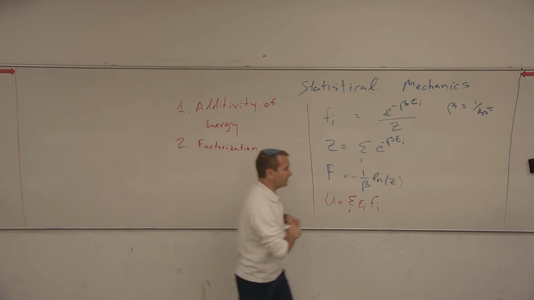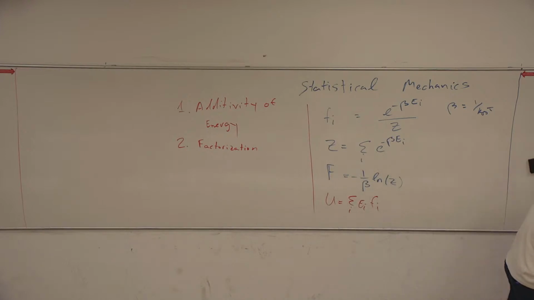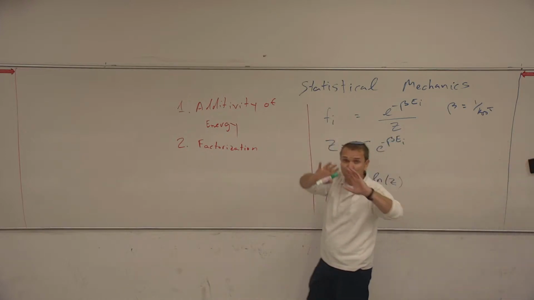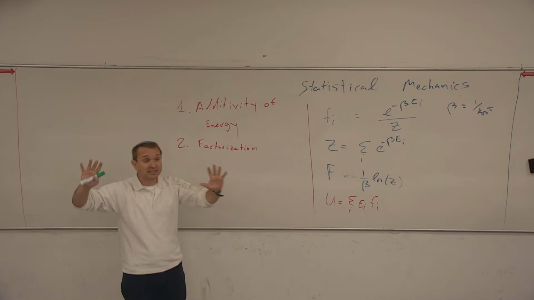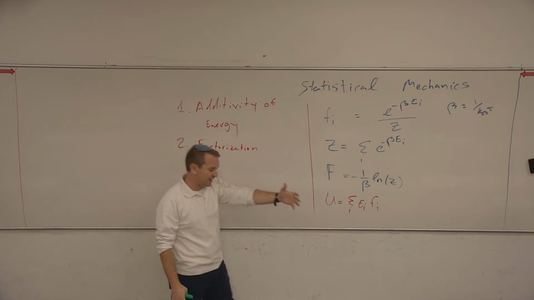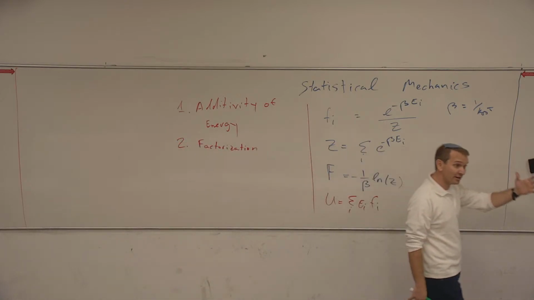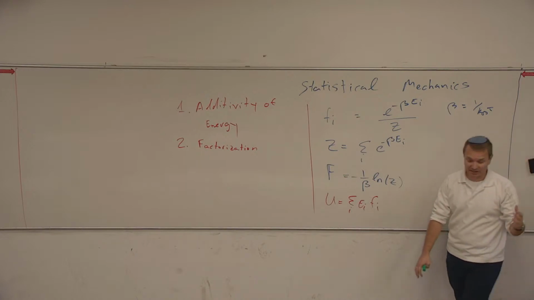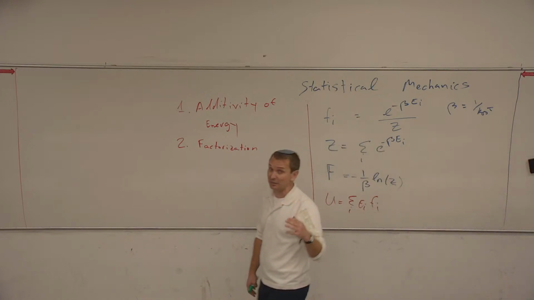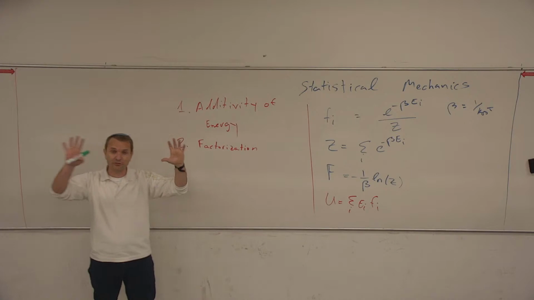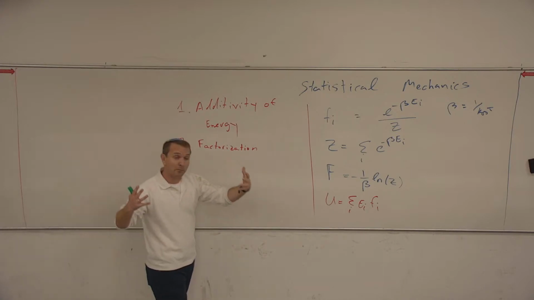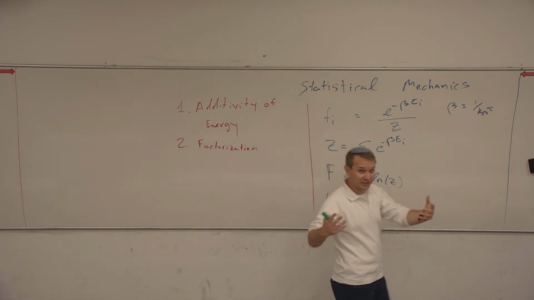The additivity of energy means that I can look at my system. I have to invent some particles that describe the system. It can be actual particles, like in a gas, or we will see in examples it can be something else. But we have to describe the system in terms of particles, or, as we see later, degrees of freedom.